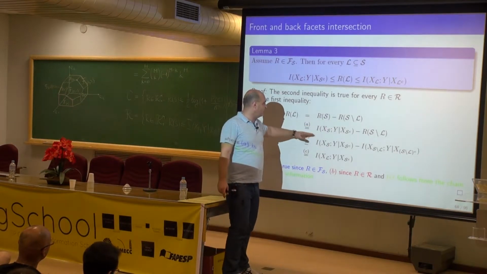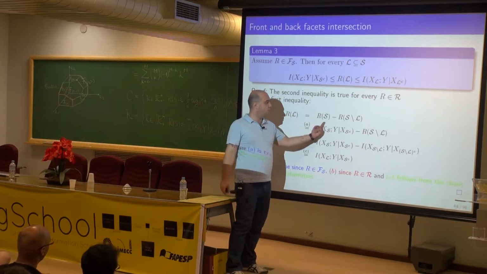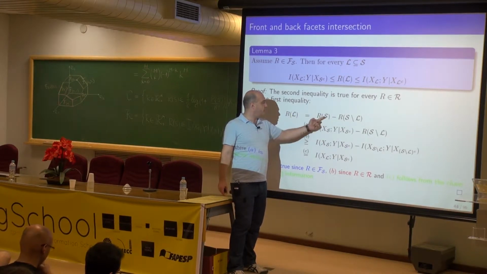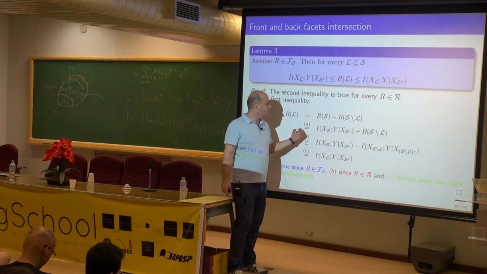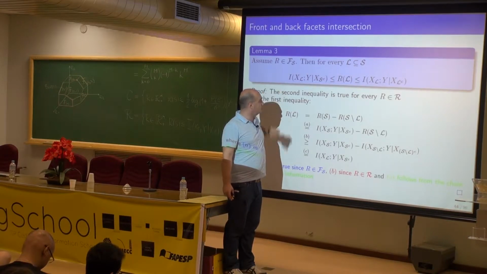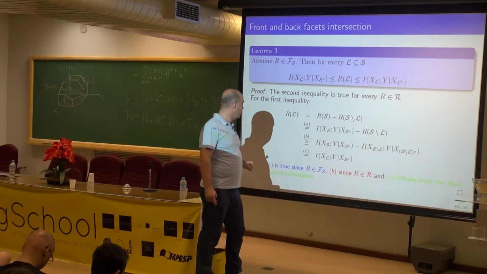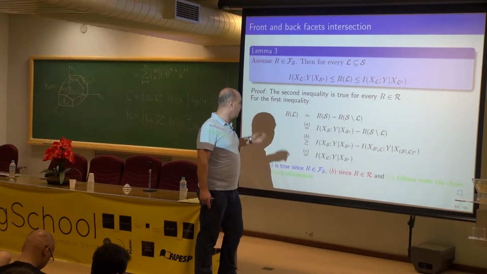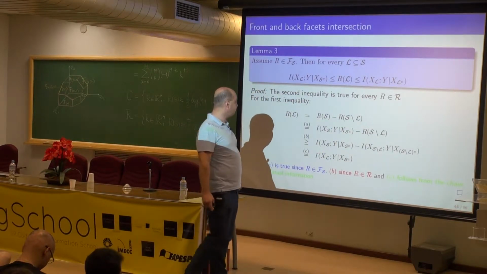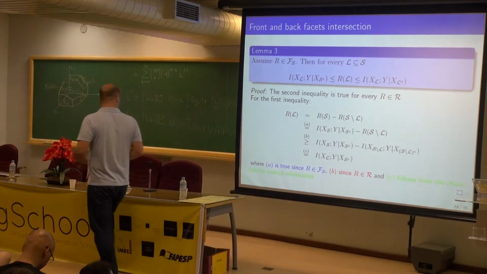We play a little with these chain rules, and we can break this up into two quantities, because we can split S into L and S difference L. This one is true since we are on the facet, and here we can use the same thing for another set, S difference L, and at the end we just use the chain rule and get this in the first.